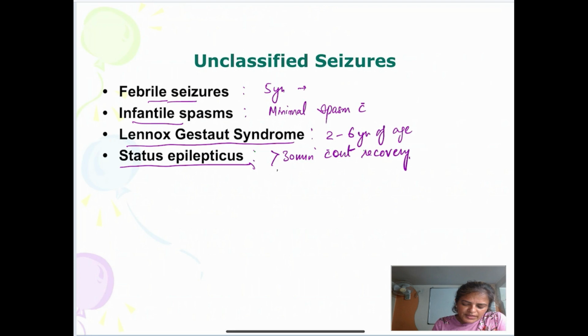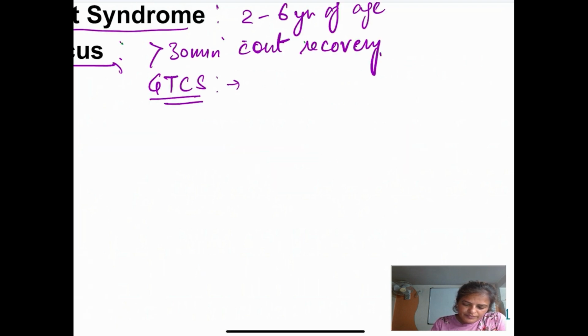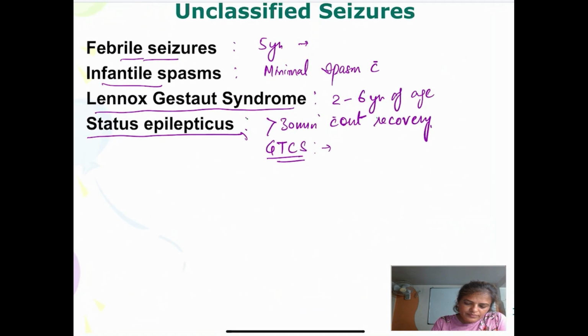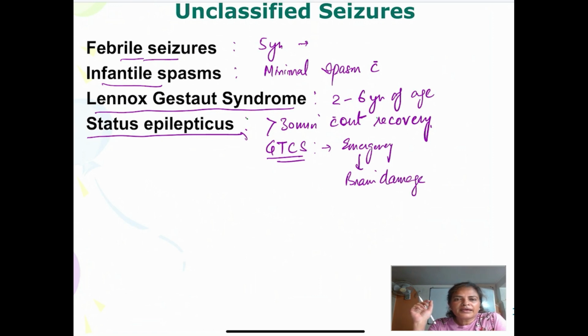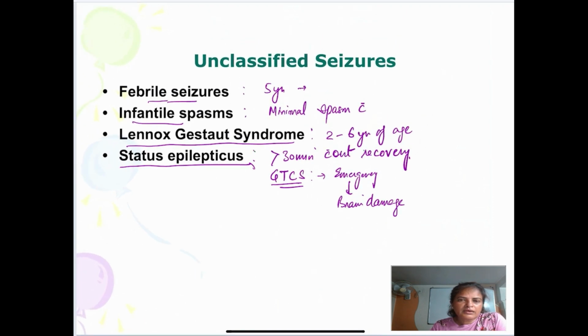Suppose it is a patient with grand mal epilepsy, with generalized tonic clonic seizure, and there is no recovery in between, then it is an emergency and you have to treat it, otherwise permanent brain damage may happen, and the patient may die. So this is how we classify the various types of seizure.